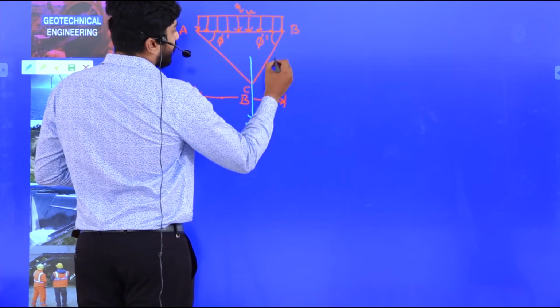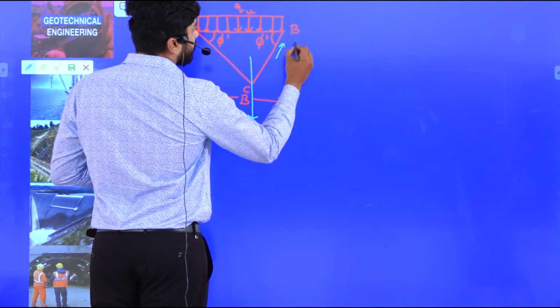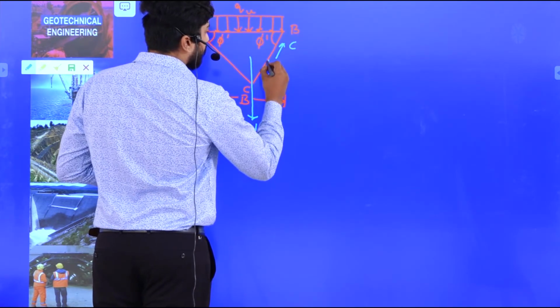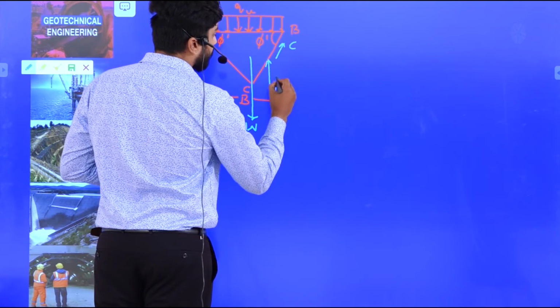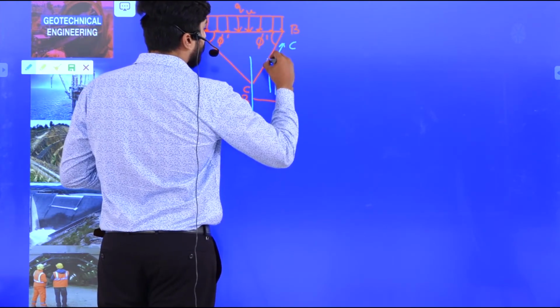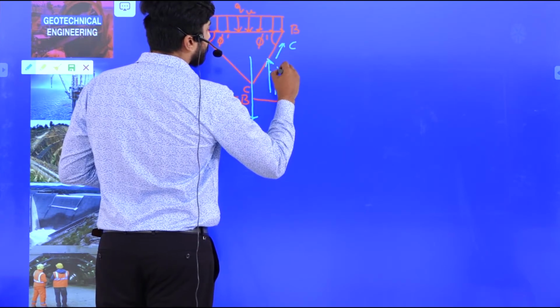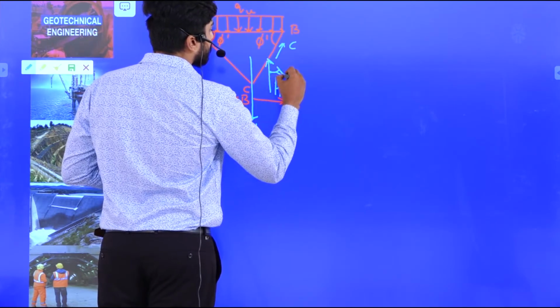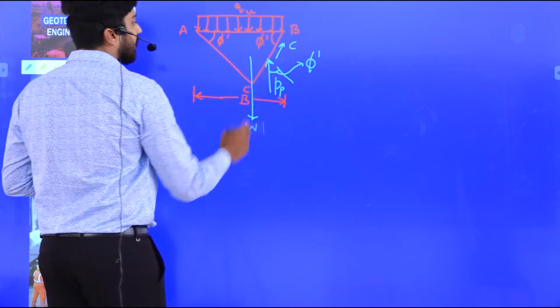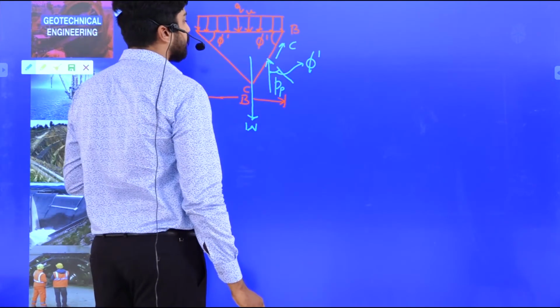at this particular plane, as we have stated, there is cohesive force C as well as passive pressure PP, at this particular range. So if I draw a perpendicular onto this, this angle is phi dash. Since this is phi dash, this angle will also be phi dash now.